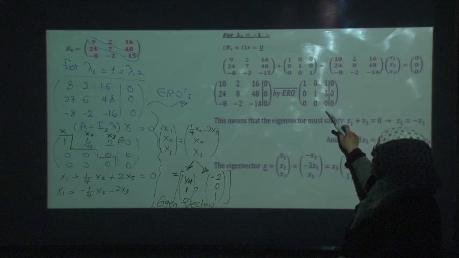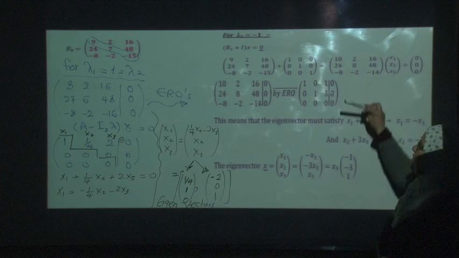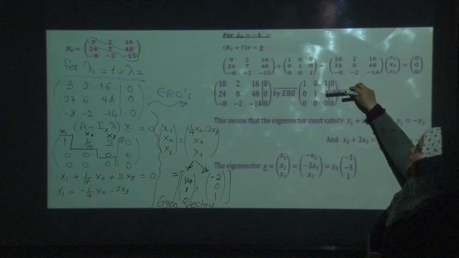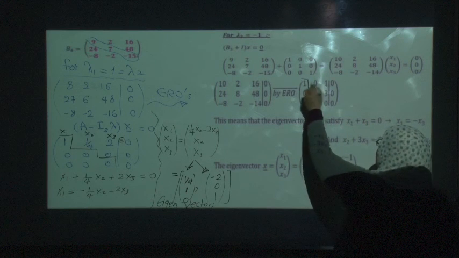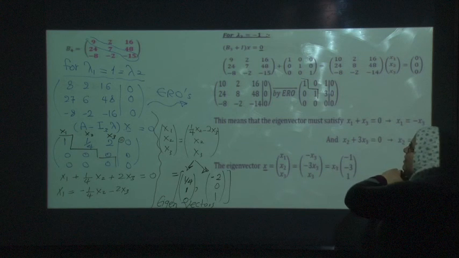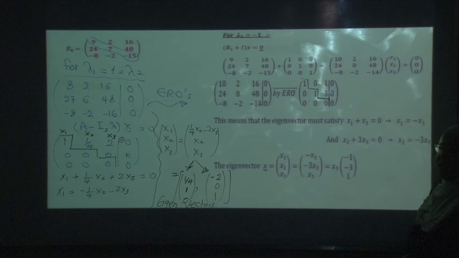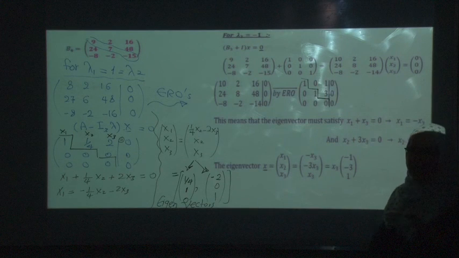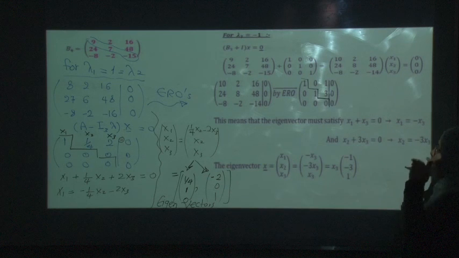So after the elimination, this means that the eigenvectors must satisfy these 2 equations. We have here a free variable, the third term. The first one is fundamental because it has a pivot. The second value has a pivot. The third one, its value is 0. We are seeking now an eigenvector of 3 elements because this matrix is 3 by 3.